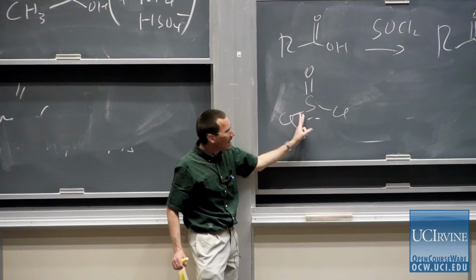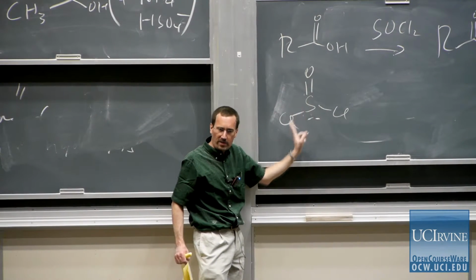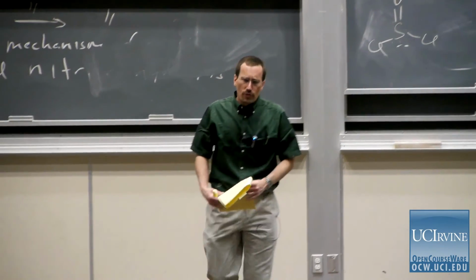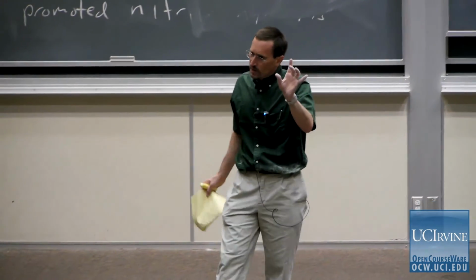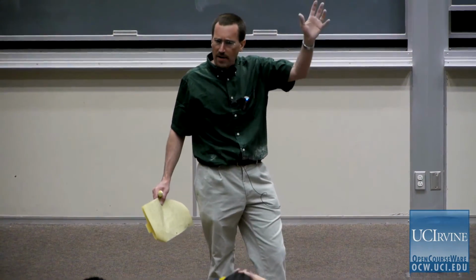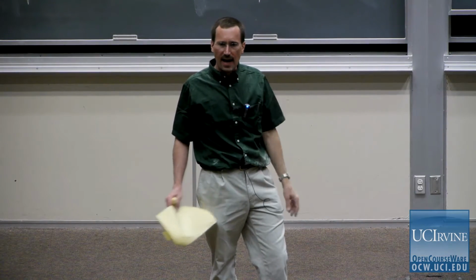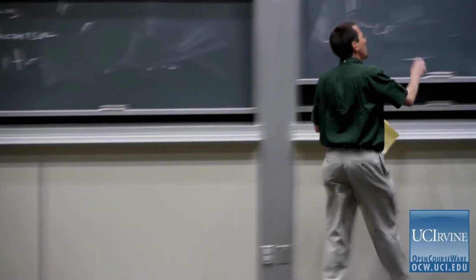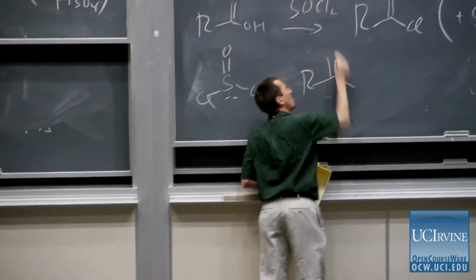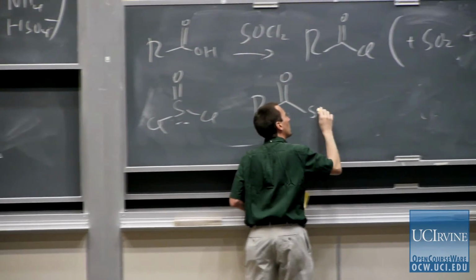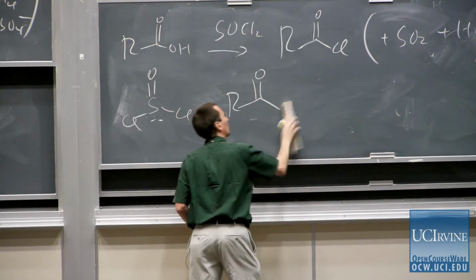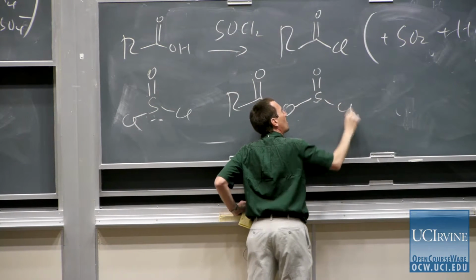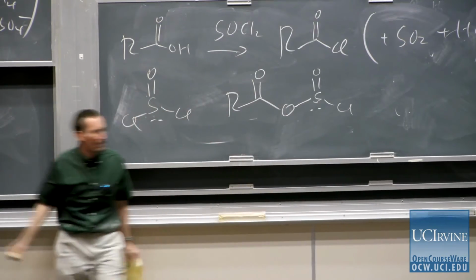It's a very reactive molecule. It's extremely electrophilic. You've got two chlorines pulling electron density away from sulfur. Through the same types of chemistry that we saw for acid chloride reactions, carboxylic acids can react with thionyl chloride to give an intermediate that looks like a funny anhydride. And this is a theme that you should pick up on in seeing the forest for the trees in this chemistry.